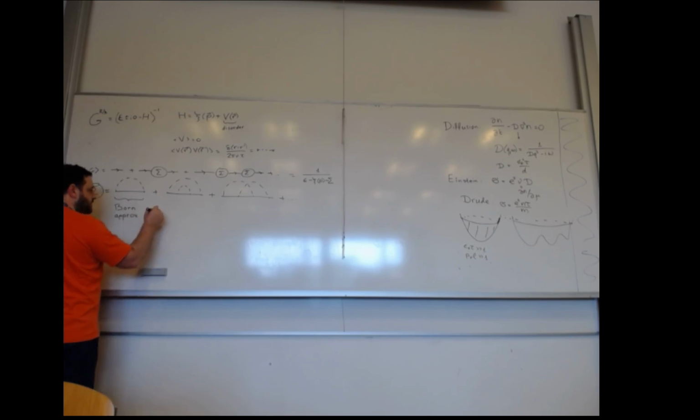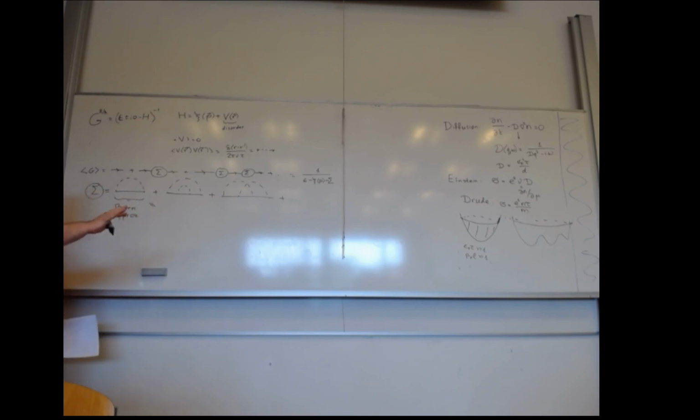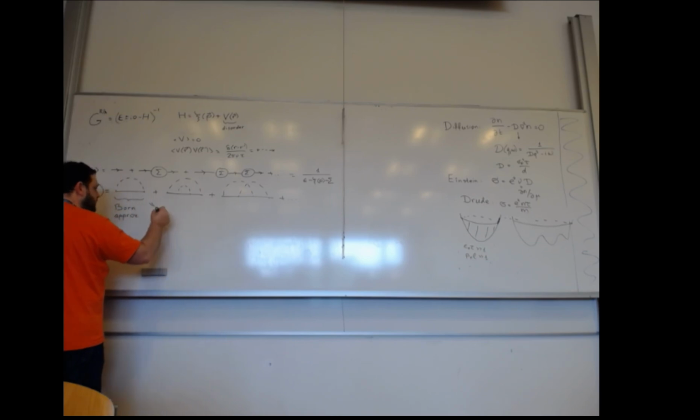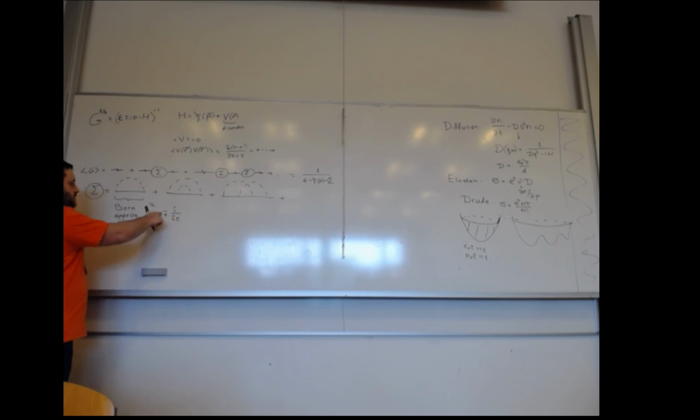And we found that it is equal to some real part, which is formally divergent, but has no physical meaning. It just shifts the position of the chemical potential, and the imaginary part was minus or plus i over 2 tau, depending on whether we consider retarded or advanced function, and this tau comes from this dash.